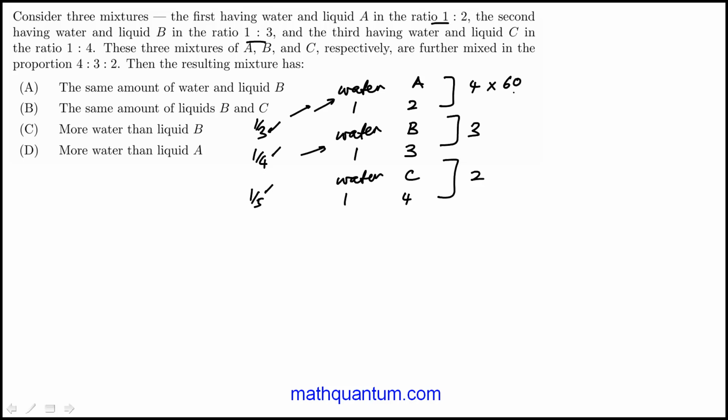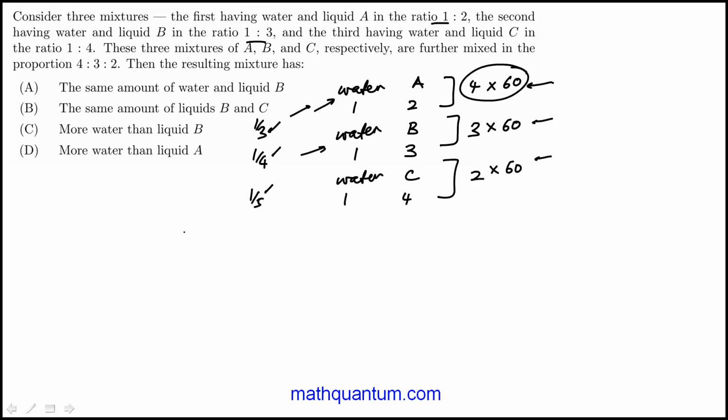So I'm going to multiply this by 60, meaning combining them in proportion 4 to 3 to 2 is equivalent to combining them in 4 times 60, 3 times 60, and 2 times 60 proportion. I can choose any multiple.